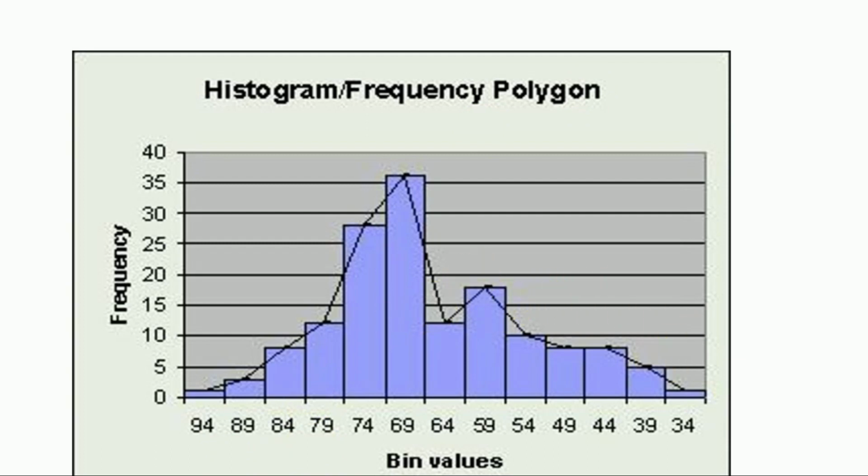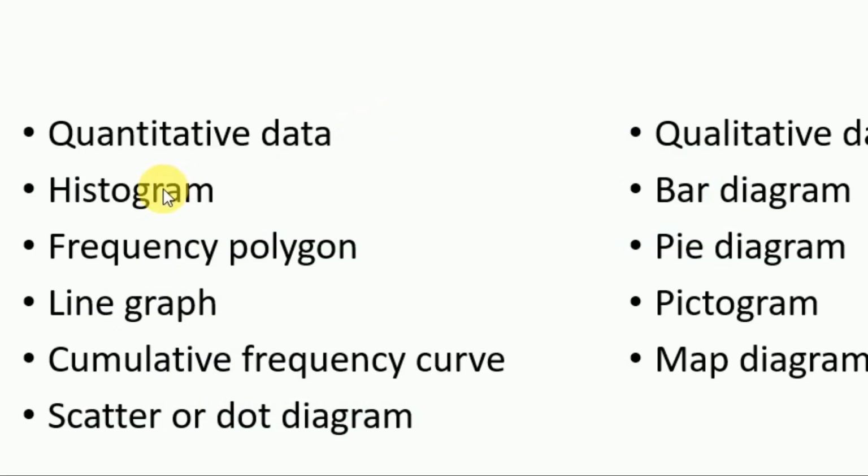So quantitative data and qualitative data are usually presented in two ways. If we are having quantitative data, the graphical representations usually we are using are histogram, frequency polygon, line graph, cumulative frequency curve, and scatter or dot diagram.